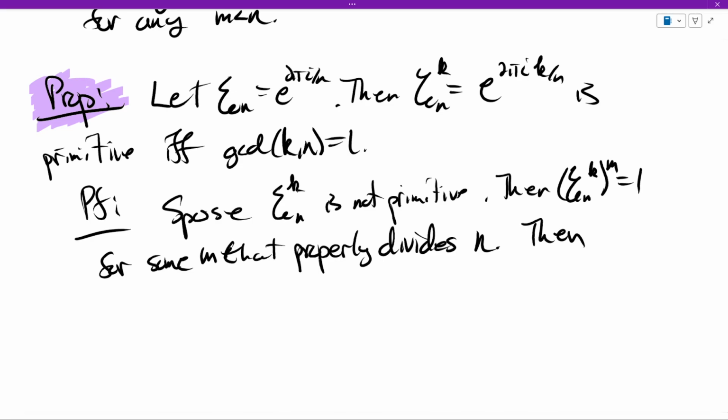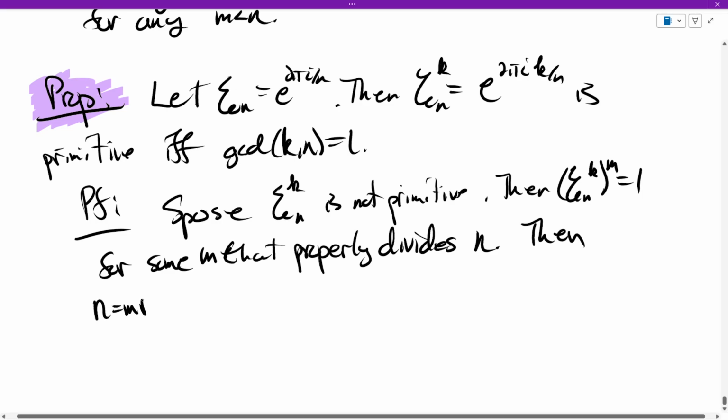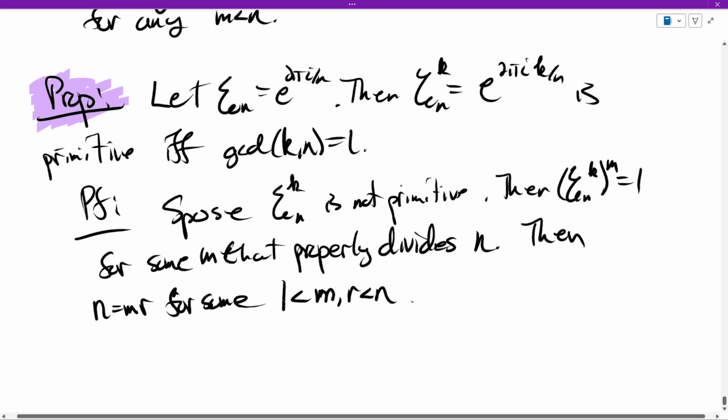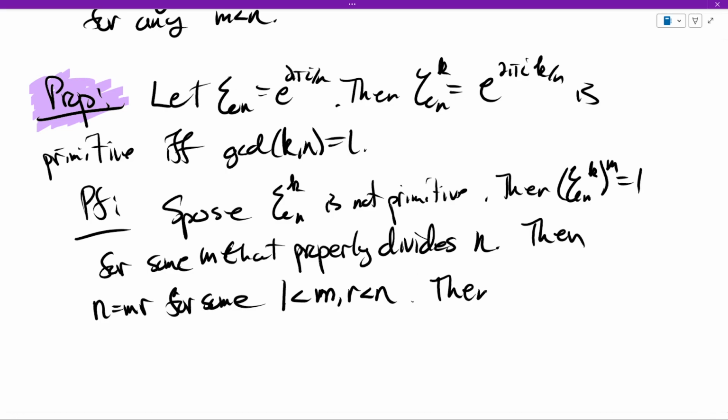Then what? Well, n is equal to mr for some, again, these m and r are less than n. It's a proper divisor. But r is bigger than 1. All right. Then what?